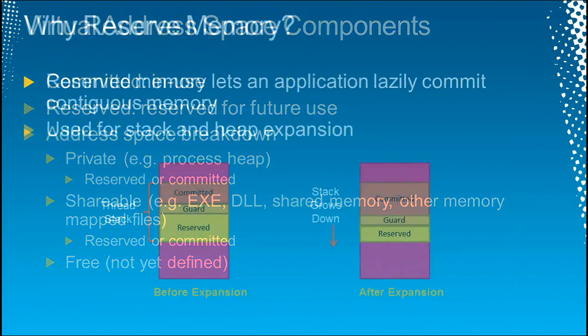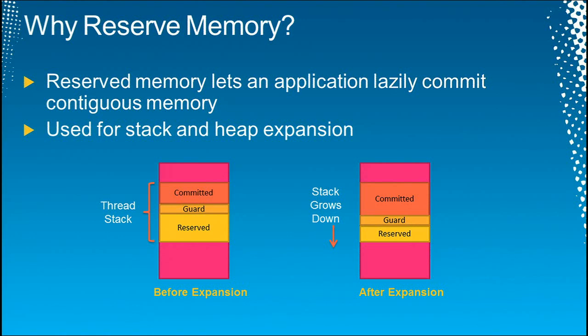Now, most allocations are just pure, just give me this amount of memory because I know what I'm going to do with it. But there are cases, like I said, where reservation is interesting and makes a lot of sense. It lets an application lazily commit contiguous memory. In other words, if I'm allocating some data structures, when I grow the data structure, it needs to be contiguous in memory.